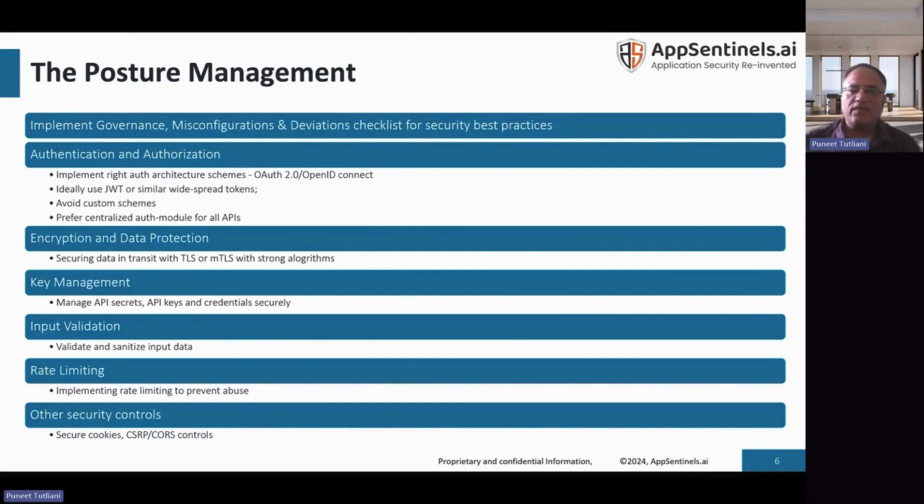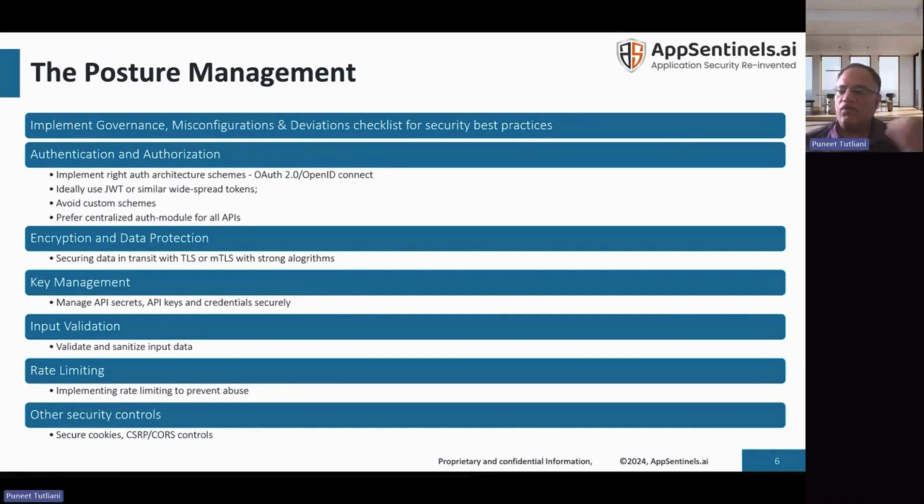You would be able to detect them on a JWT, but when it comes to custom tokens, the insights are missing. So if you have a security tool, it won't be able to figure out what's going on. Then it's also recommended that you implement some sort of centralized authentication architecture for all your APIs.